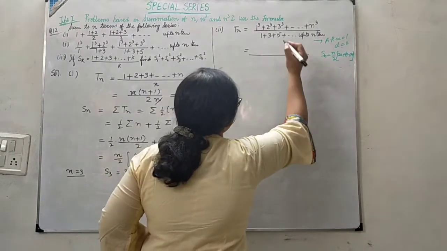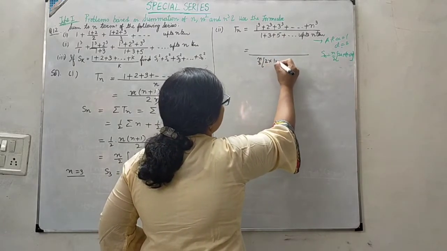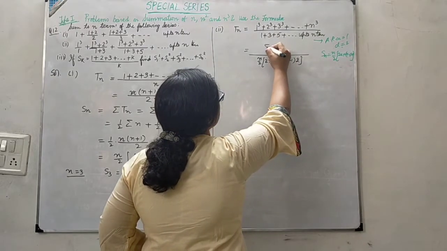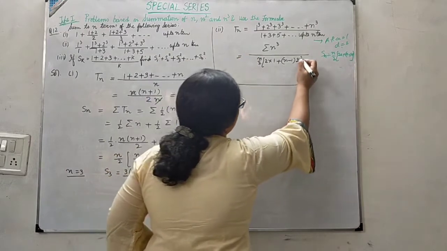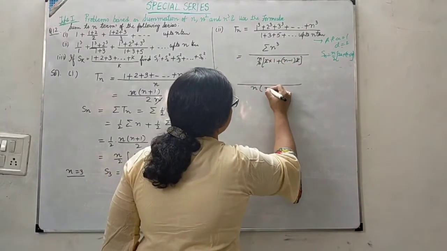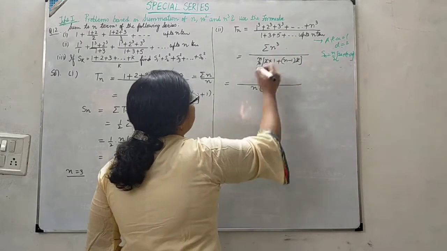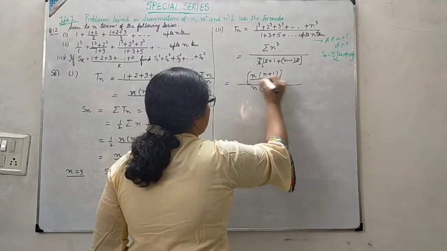Now I will be taking the AP sum formula n by 2, 2a plus n minus 1 into d, where d is 2 here, and this is your sigma n cube. So 2 taking common and getting cancelled, we are left with n minus 1 plus 1. This is n only. Now sigma n cube is n into n plus 1 by 2 whole square.